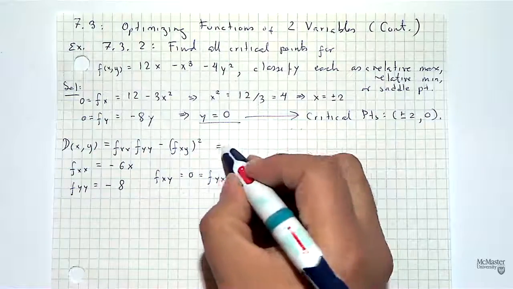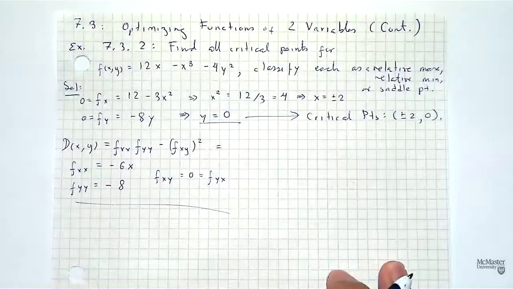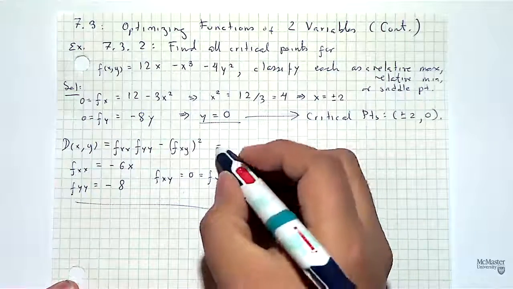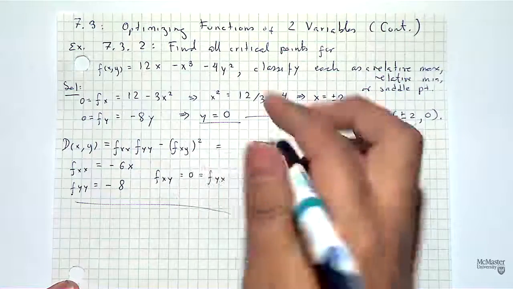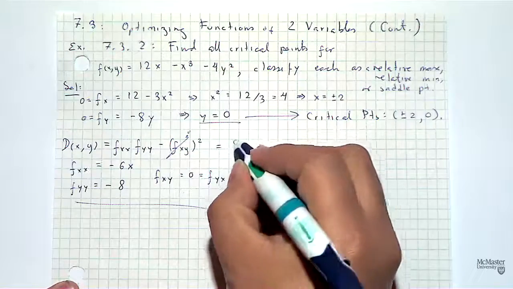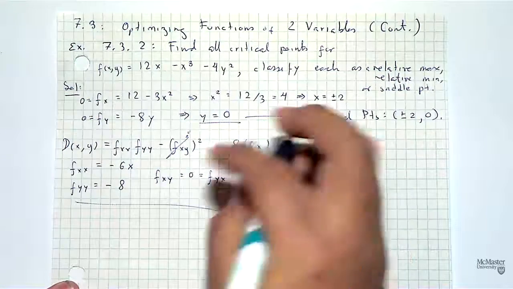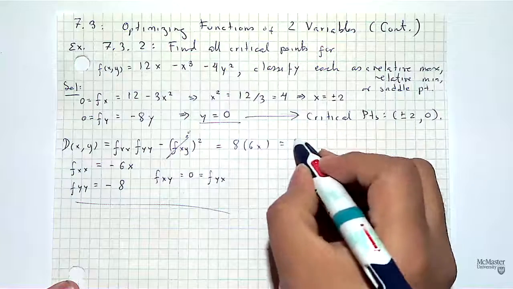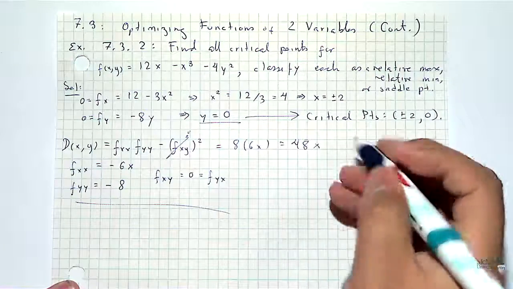So far so good, right? You would do the computation of these two, knowing that this one vanishes. So you have 8 times 6x with the minus gone, you have 48x.